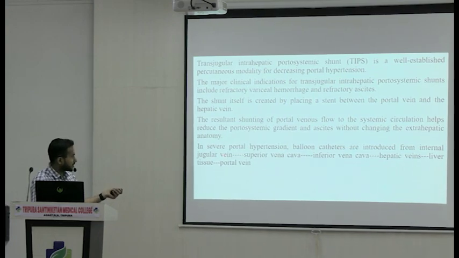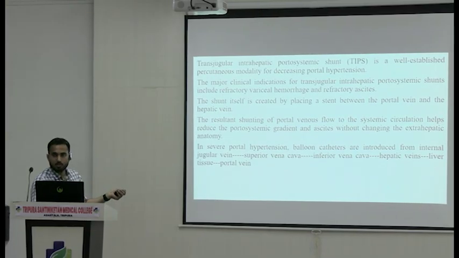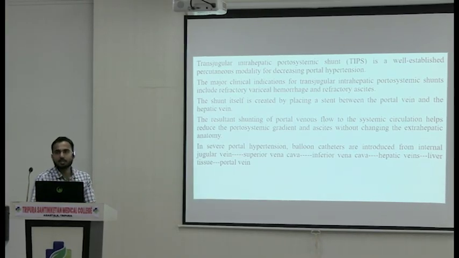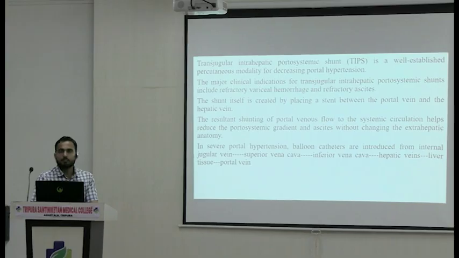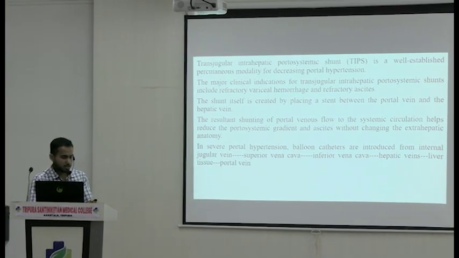From there it will go to the superior vena cava, from there to the inferior vena cava, from the inferior vena cava to the hepatic vein and the liver tissue, and through the liver tissue it will go to the portal vein. This is the direction through which the balloon catheter is passing, and through that the stent can be placed. As a result, the pressure will be reduced. That means the portal hypertension can be reduced.